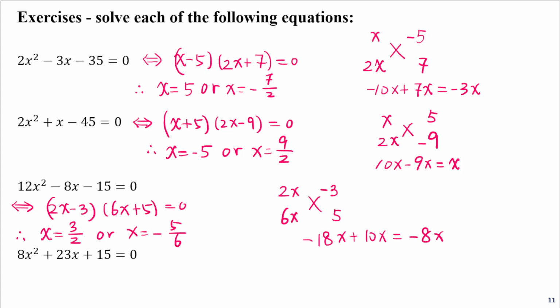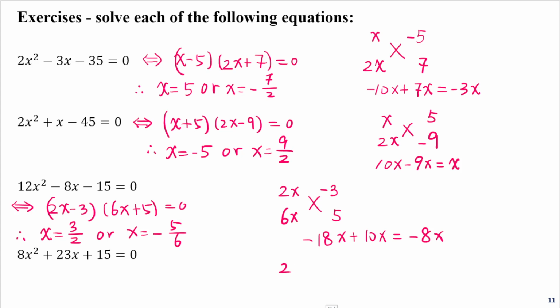Okay, last one, 8x. Well, let's try 2x by 4x. Then we have 23 in the middle, so we could probably do a 5 by 3. That's too much, right? So it doesn't work. So how about 3 by 5 here? Okay, too little.